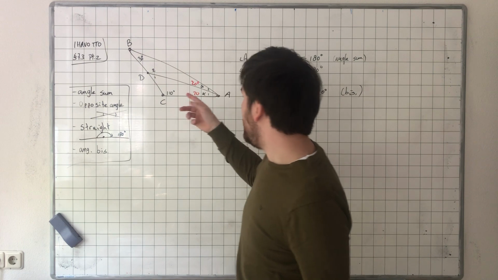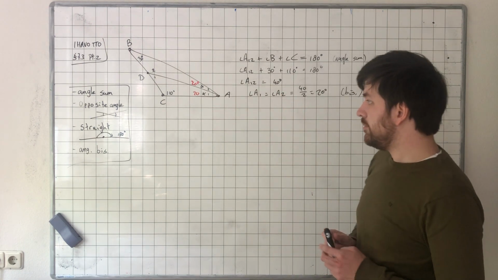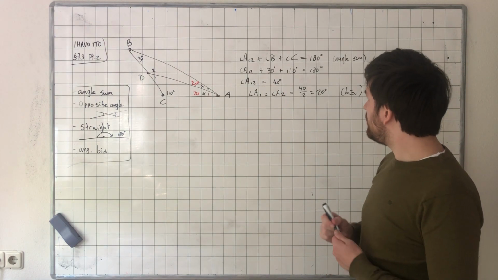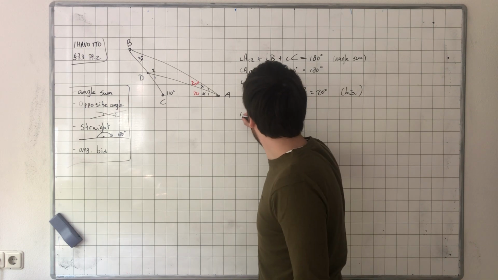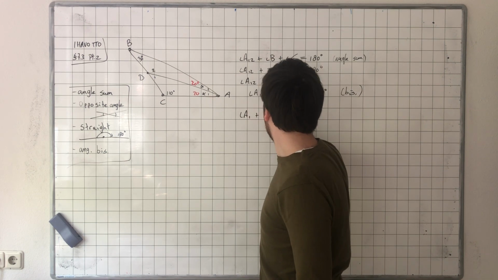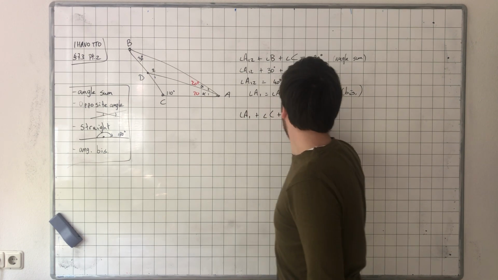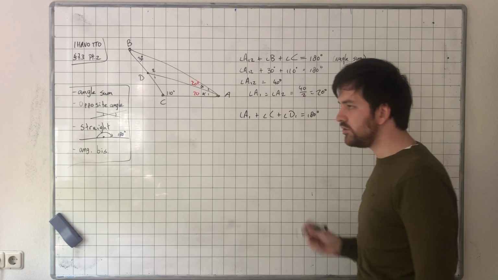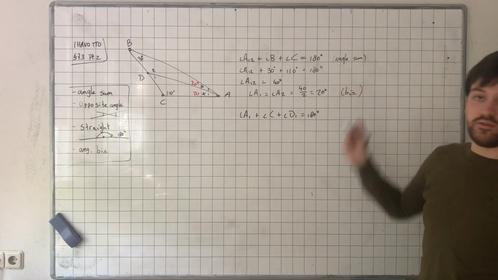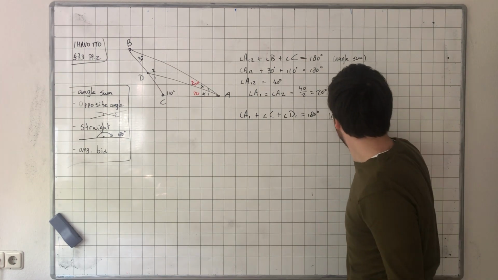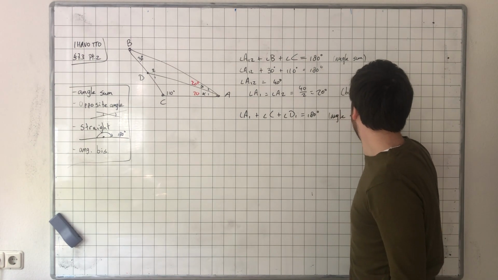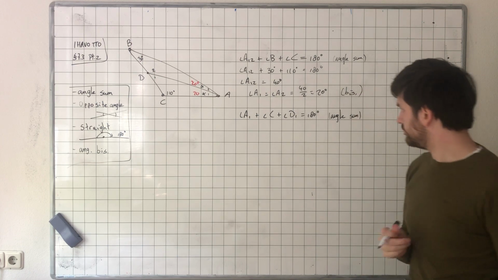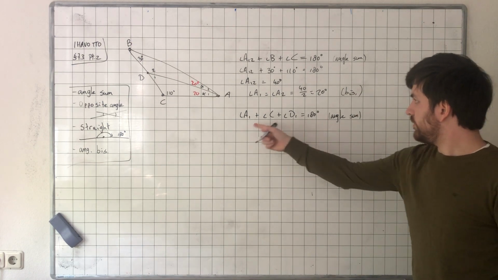Now we are, for example, able to calculate angle D1. Why? Because angle A1 plus angle C plus angle D1 is 180 degrees. Why? Once again, because of the angle sum. Okay, fill this in.